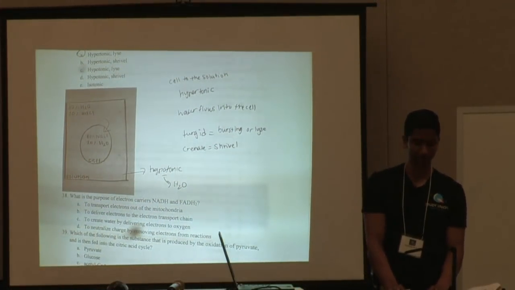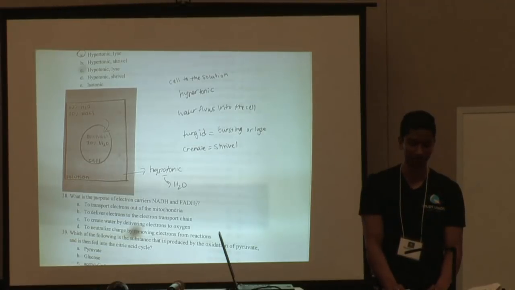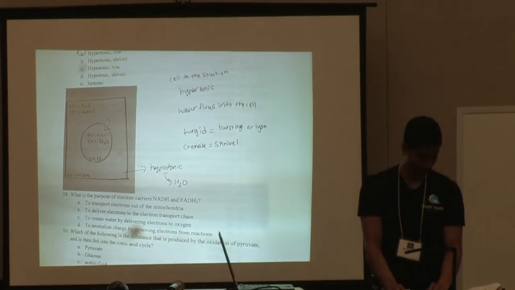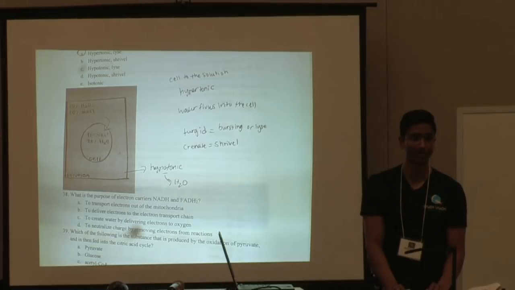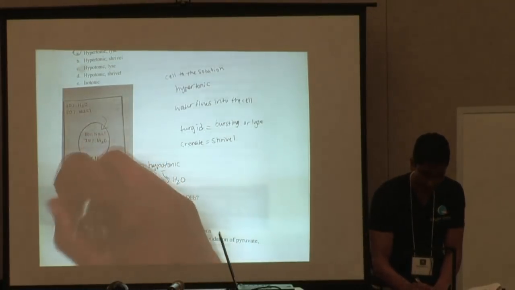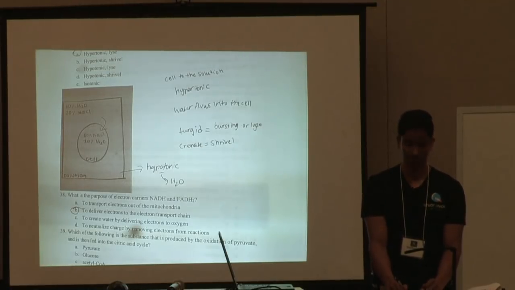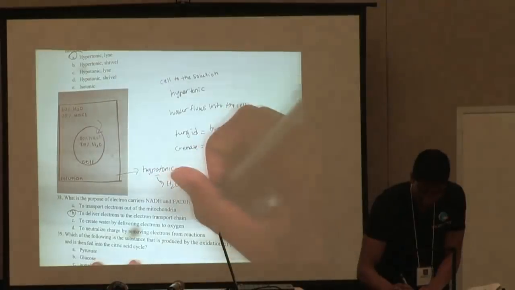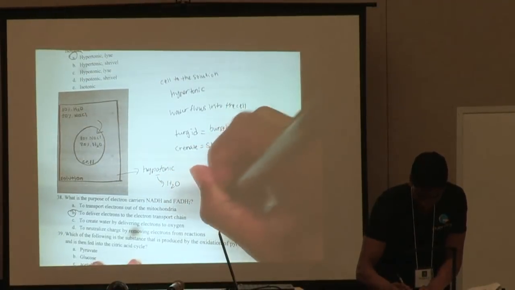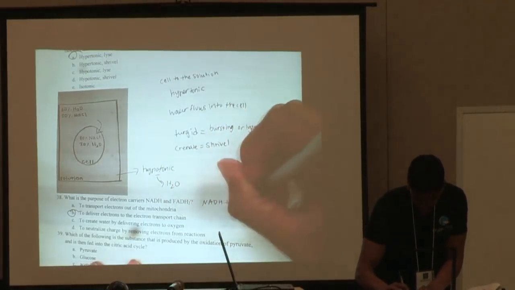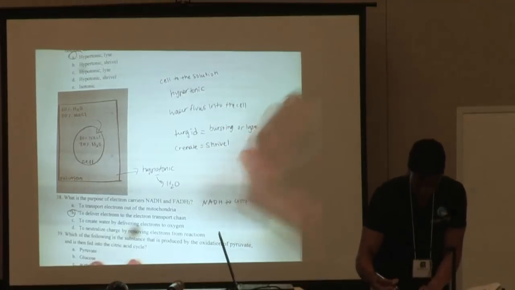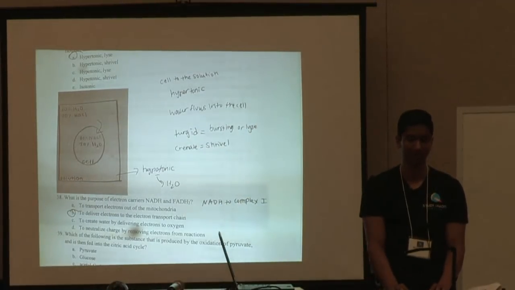What is the purpose of electron carriers NADH and FADH2? What is it? B, right? Electron transport chain. Specifically where? There's complexes, right? So NADH delivers it to what complex? What is it? First one. What about FADH2?